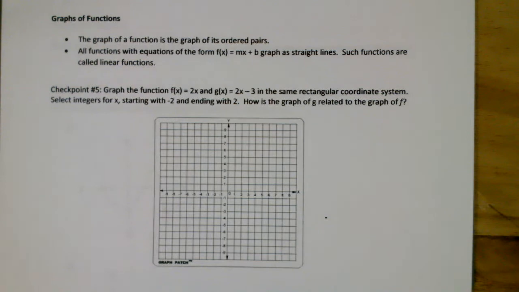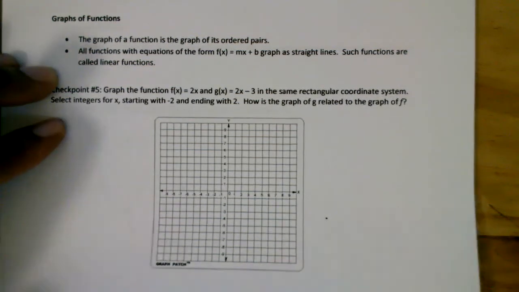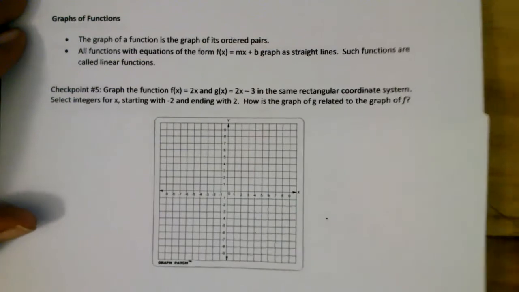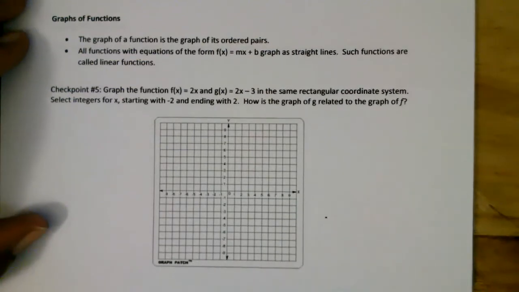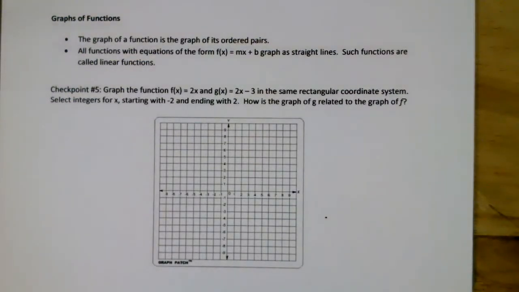And we kind of did something like this in one of the earlier sections in chapter 1. But here it's going to be written in the form of a function. So let's say we want to graph the function f of x is equal to 2x and g of x is equal to 2x minus 3 in the same rectangular coordinate system.